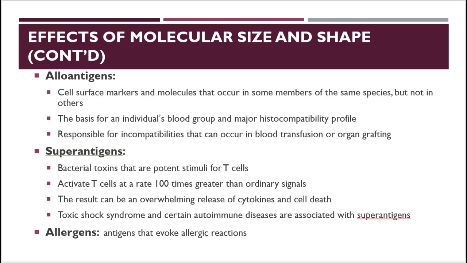There are a number of autoimmune diseases as well as toxic shock syndrome that are associated with superantigens. Then we also have allergens, and these are antigens that will stimulate an allergic response. We're actually not going to discuss allergens in this course. If you want to learn more about allergens, you can read chapter 14. It's all about allergens and allergic reactions.